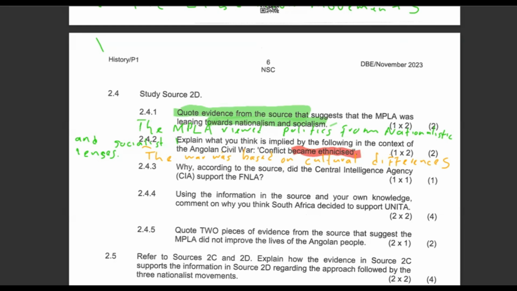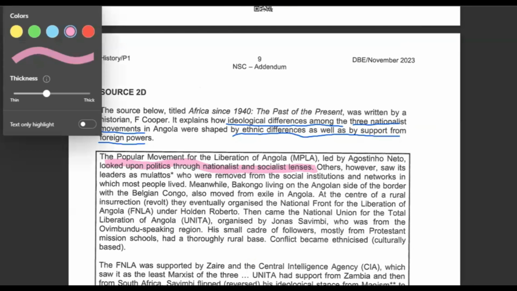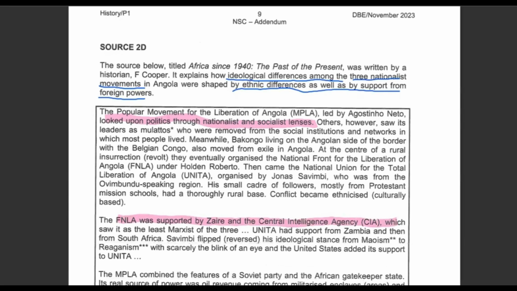If you go back to the source, you can highlight where we get the answer in the second paragraph, where it says the FNLA was supported by Zaire and the Central Intelligence Agency, which saw it as the least Marxist.